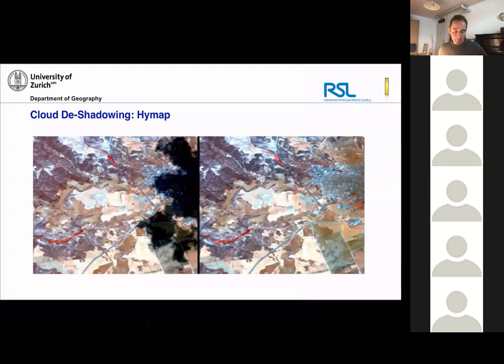Cloud shadows are a different topic. In the shadow, we only have diffuse irradiance, like in a shadow area here to the left, and this diffuse irradiance can be quantified if you have the aerosols right. And once you have it right and you know where the shadow is, you can correct for it, as was done in this imagery.